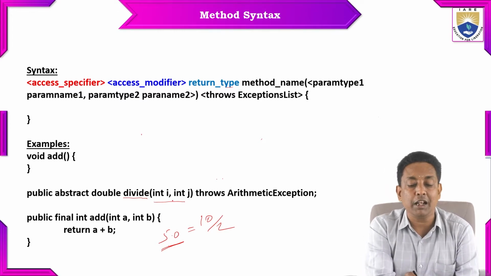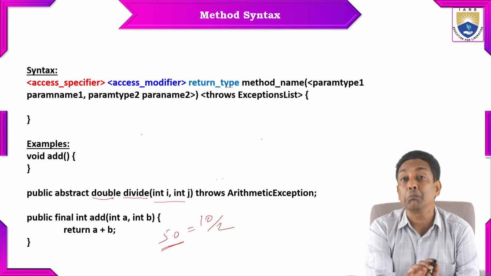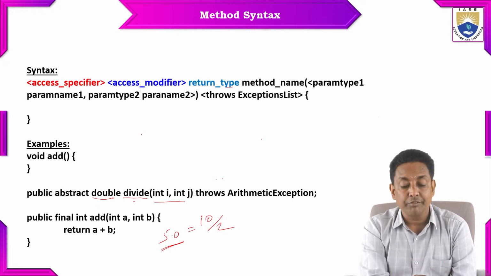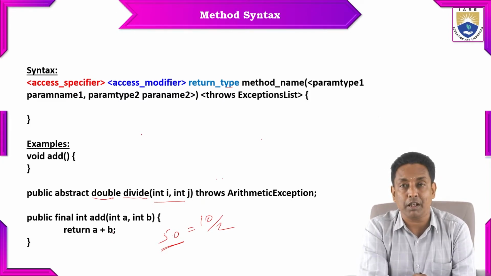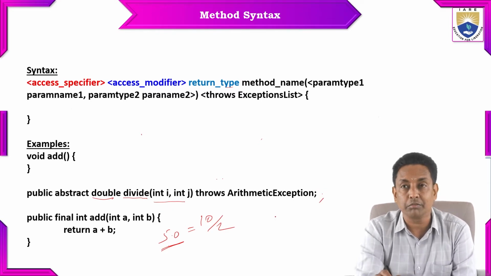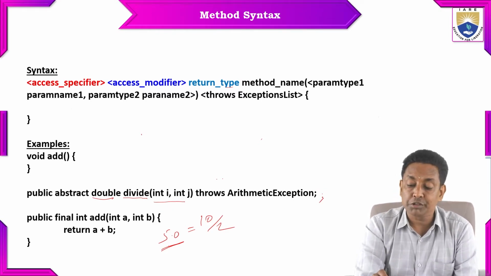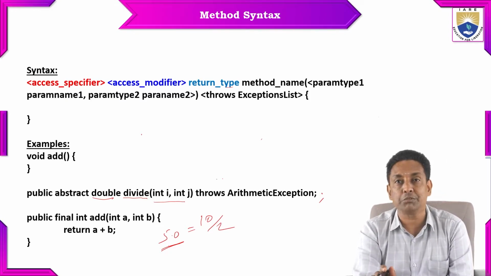So if you pass any two integers, the return type of the divide method is double. While declaring this method, I may not be implementing it. If I don't implement the method, I'll simply put a semicolon at the end. Methods suffixed with a semicolon at the end must be assumed as abstract methods, meaning unimplemented methods.